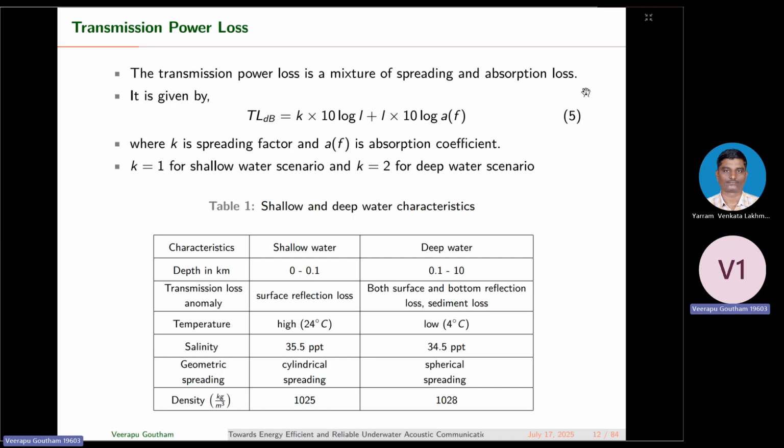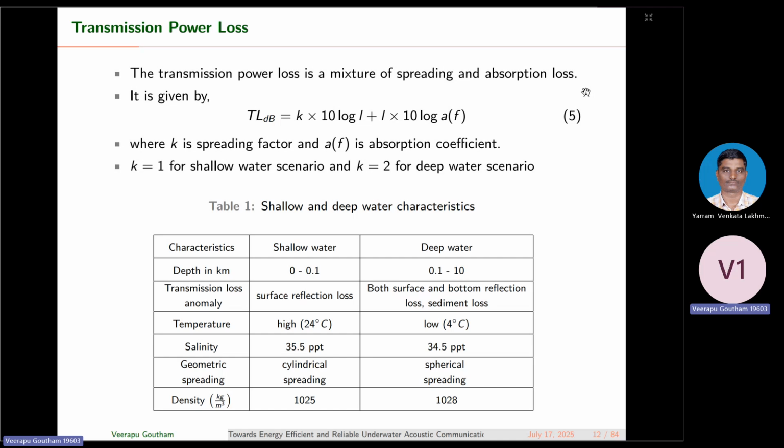Due to spreading there is some loss, and due to absorption of the underwater medium there is some other loss. Here K is the spreading factor. K is equal to 1 for the shallow water scenario and K is 2 for the deep water scenario, and alpha is the absorption coefficient.